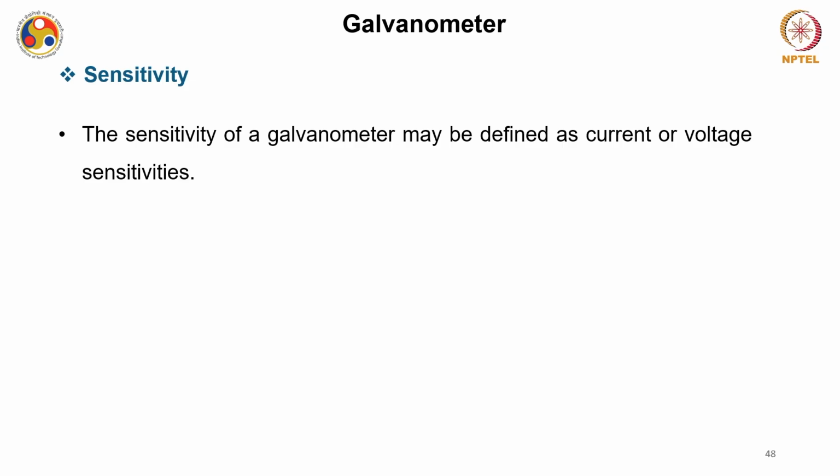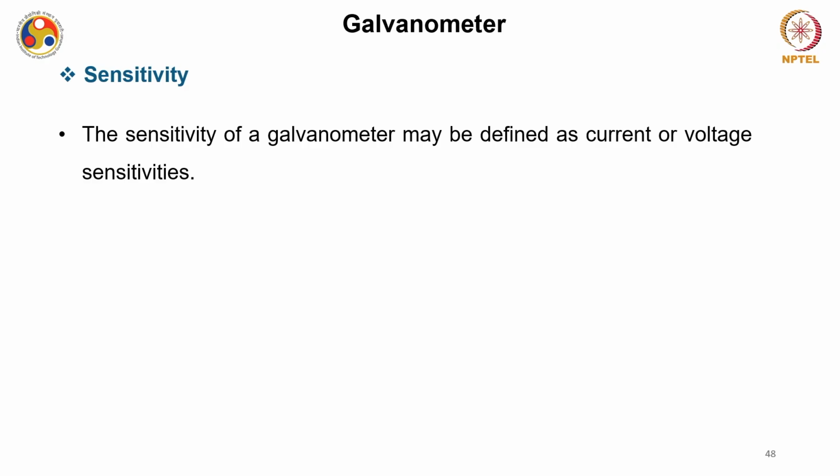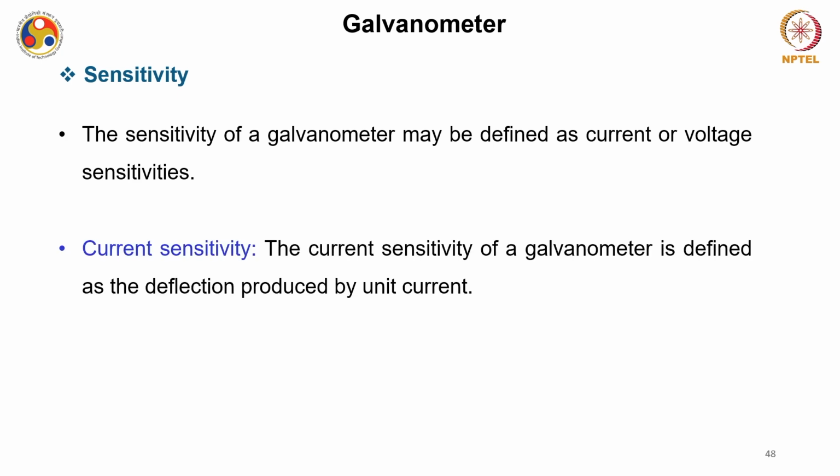Another important thing for this galvanometer is its sensitivity. So we will try to understand the sensitivity of the galvanometer, and then we may complete this galvanometer topic. The sensitivity of a galvanometer can be defined in terms of current sensitivity or in terms of voltage sensitivity.